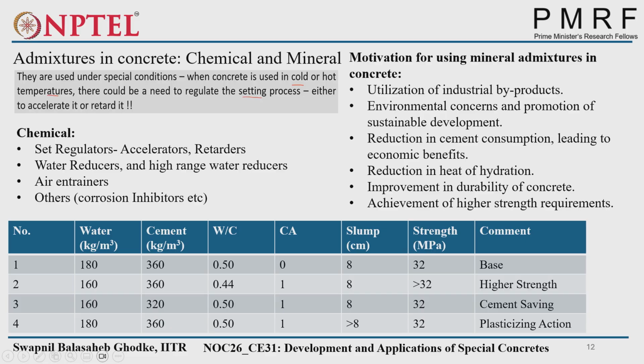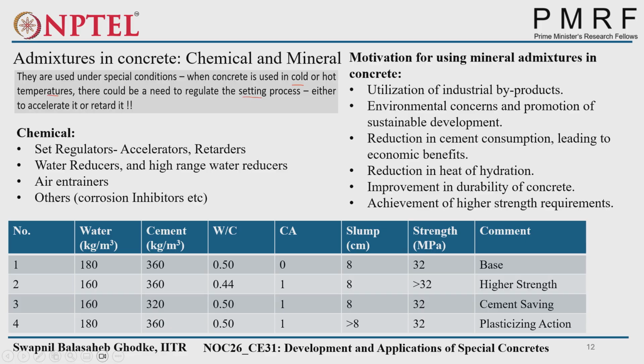Now see the third one. 160 is the water content, and we reduced the cement content to 320. So we kept the water cement ratio the same, with the chemical admixture. Slump will be the same because of the chemical admixture and water content. Although we reduced the cement content, the water cement ratio is the same for the first and third mixes, so we get the same strength, because water cement ratio affects the strength.